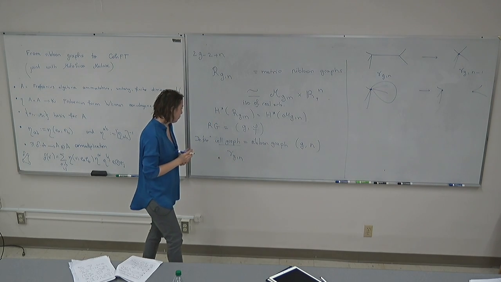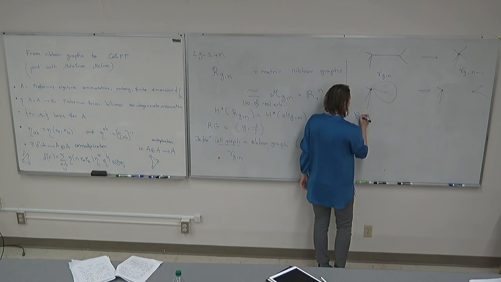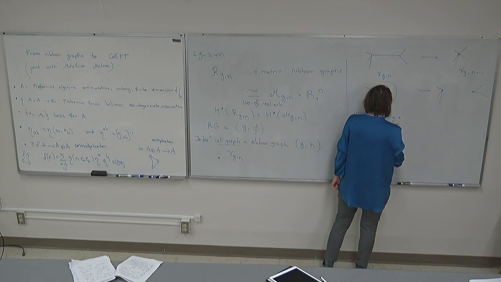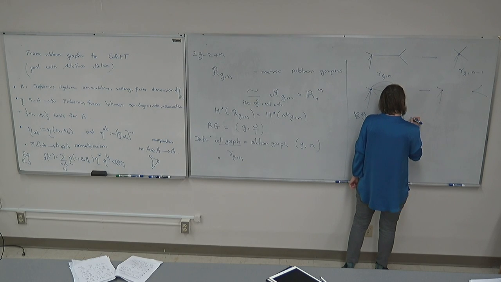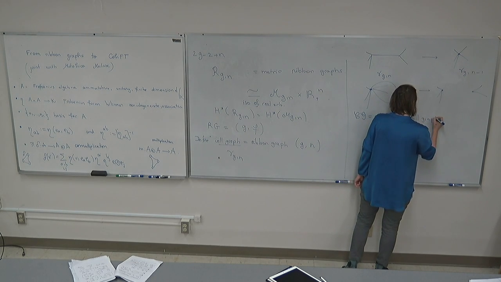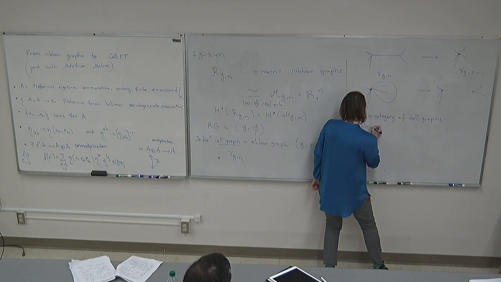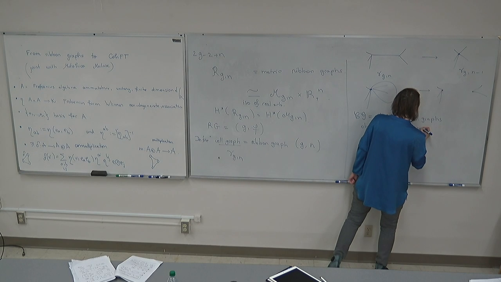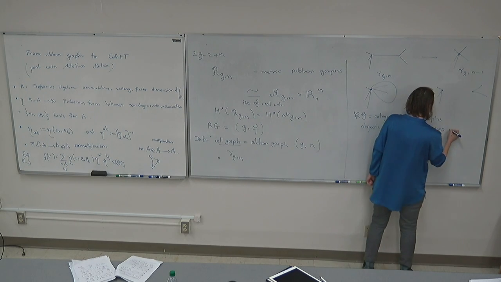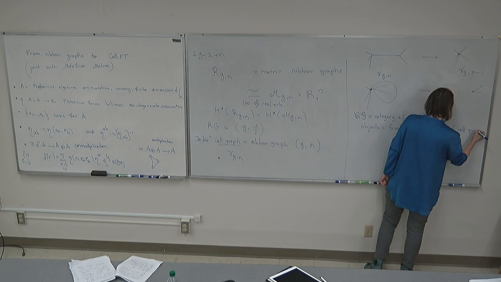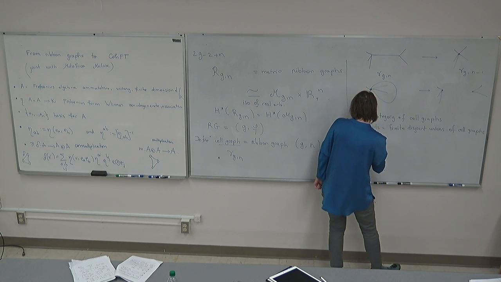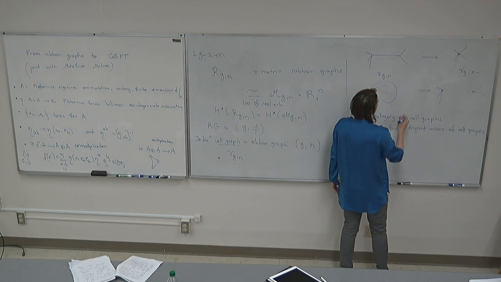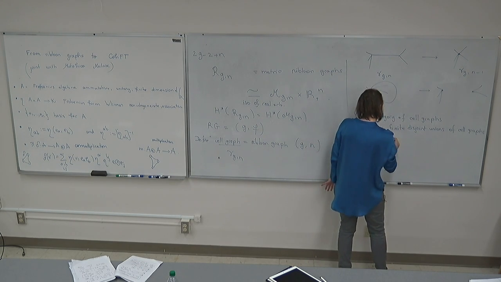I'm going to construct now a category, the cell graph category. This is a monoidal category of cell graphs, where the objects are finite disjoint unions of cell graphs, and morphisms, given two objects, are the sequence of edge contraction operations that you can perform from one to the other, if they exist.